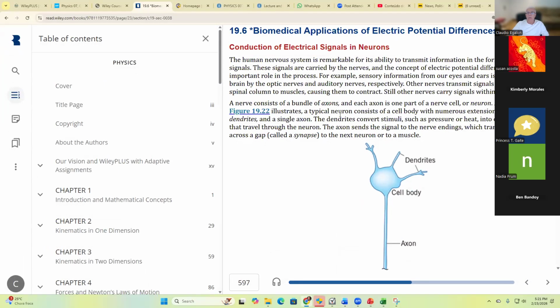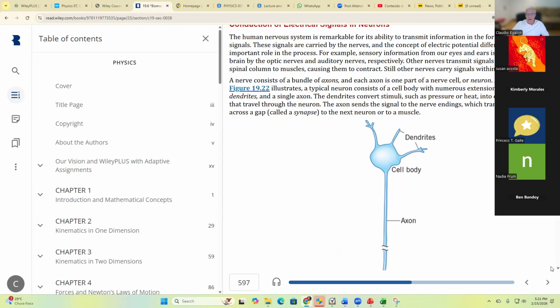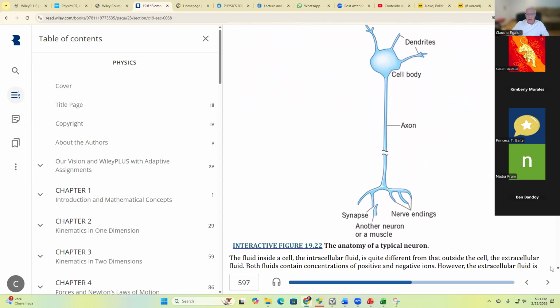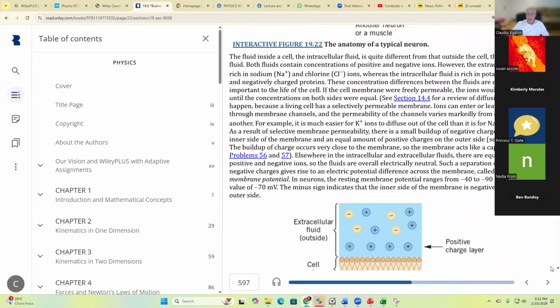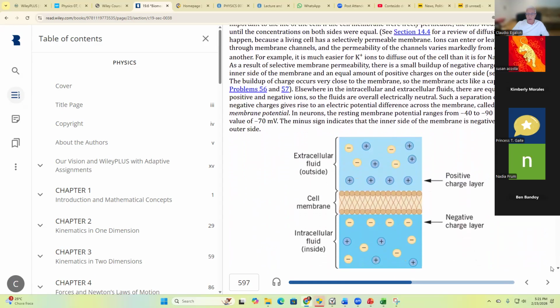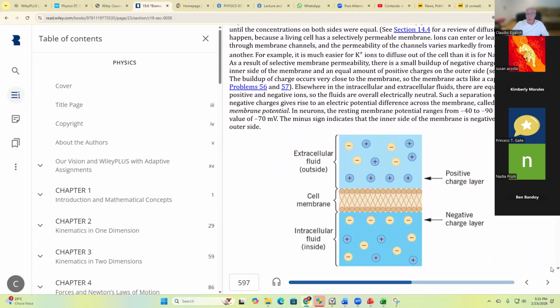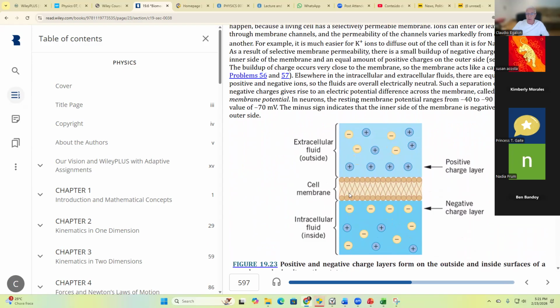Conduction of electrical signals in neurons. That's one of the biomedical applications of electric potential difference and electric potential energy too. Here's an illustration of a cell membrane. Across a cell membrane, you can have a difference in electric potential.